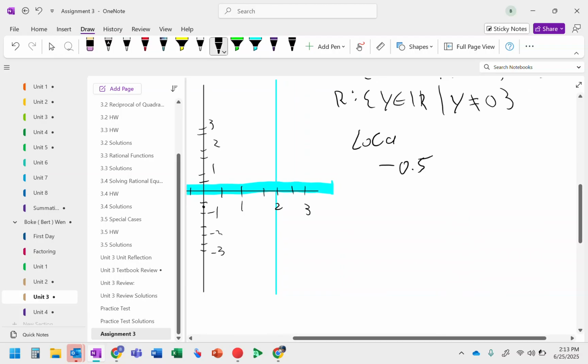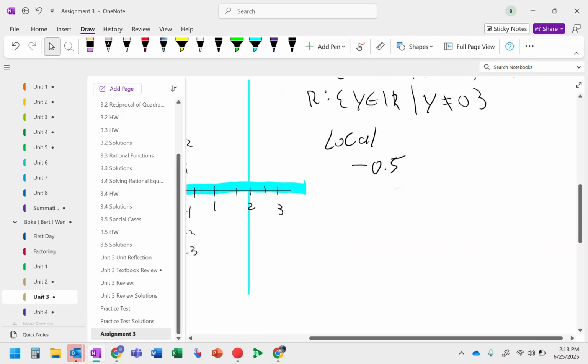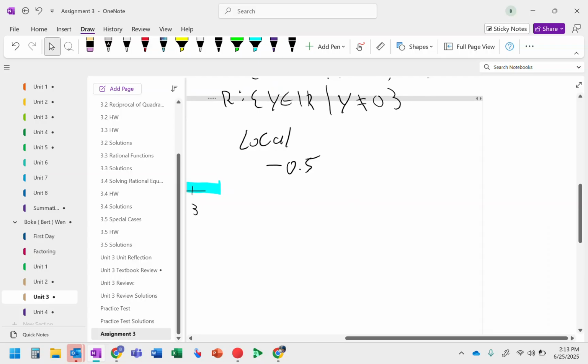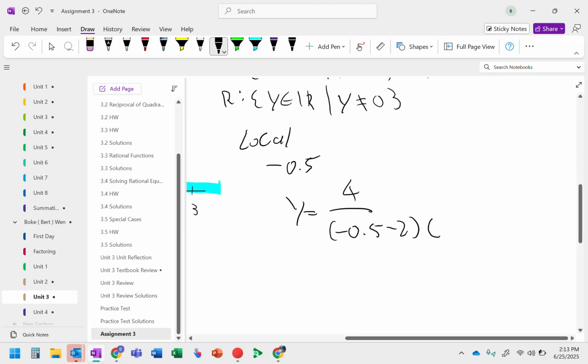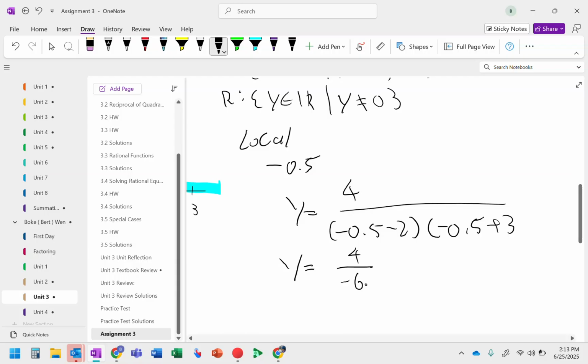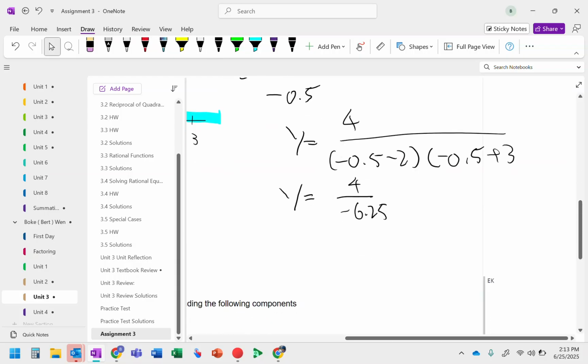And then we can simply plug this number into our equation, y equals 4 over (-0.5 minus 2) times (-0.5 plus 3), and that would get us y equals 4 over -6.25, and that is just -0.64.